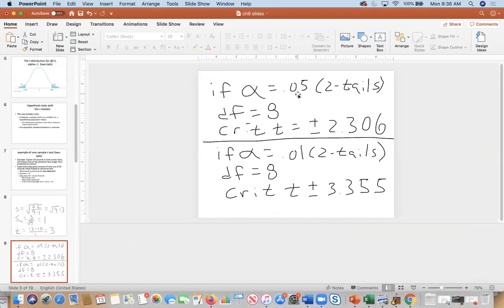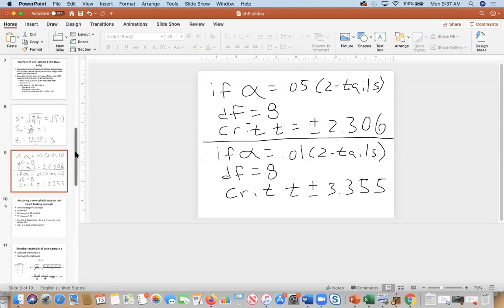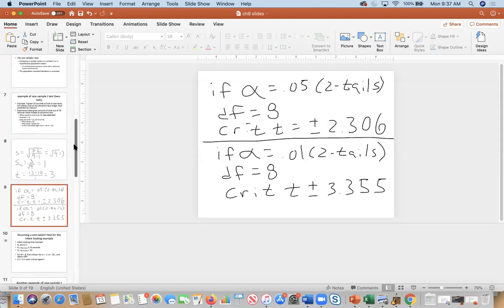If alpha equals 0.05, degrees of freedom equals 8, and we're doing a two-tailed test, then the critical t is plus or minus 2.306. It's plus or minus because we have 2 tails. We have a positive critical t and we have a negative critical t. So knowing this, our critical t is plus or minus 2.306.